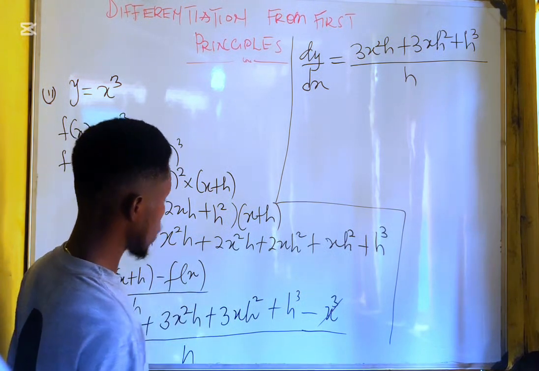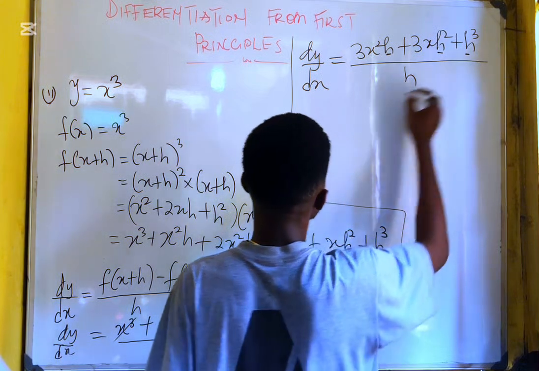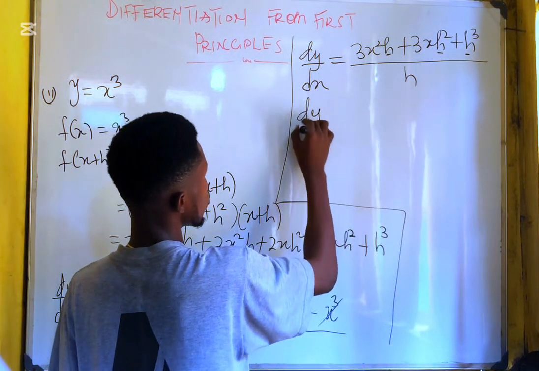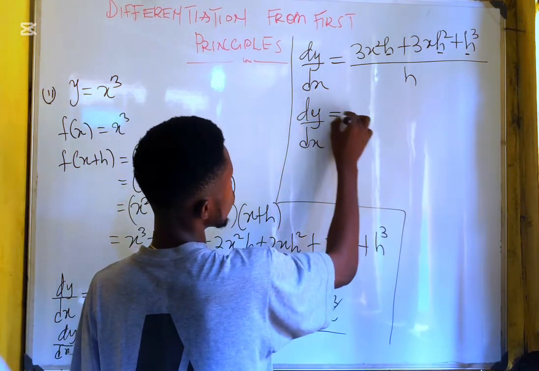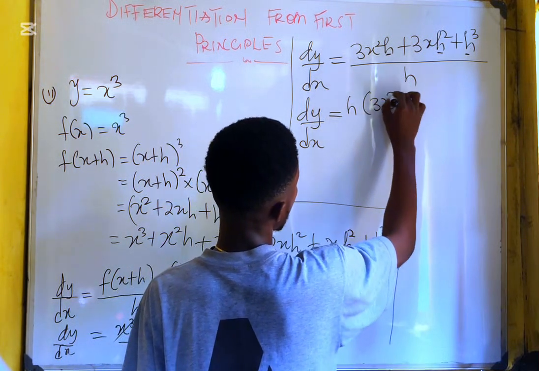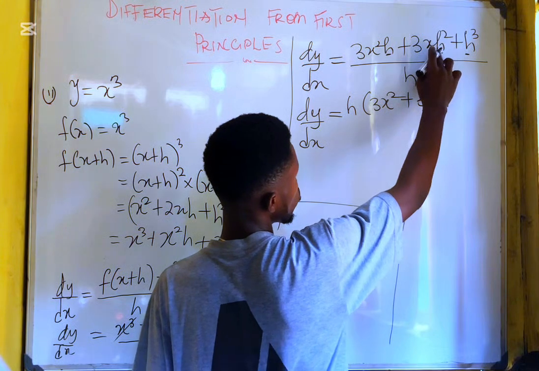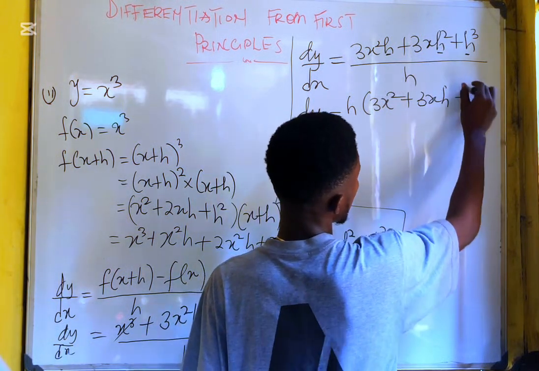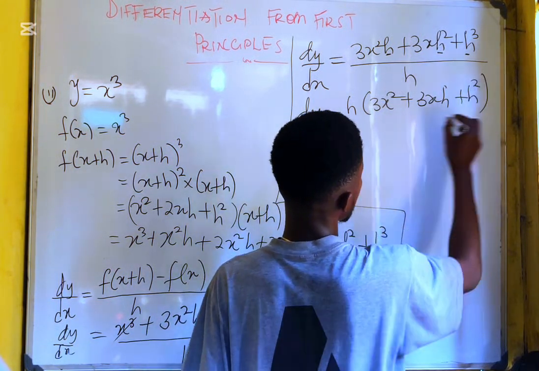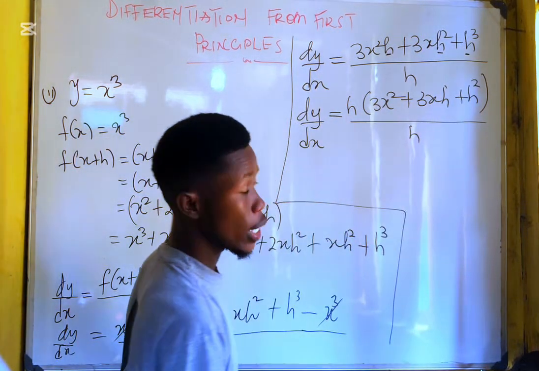Is that okay? So you realize that you have h here, h here, h here, so I can factorize it out. So dy/dx will be equal to h out: 3x squared plus 3xh. This h is to the power 1, so 1 coming out, leave it 1. And this is h squared, all divided by h. We have h cubed, so if you bring 1 out, you leave it h squared.